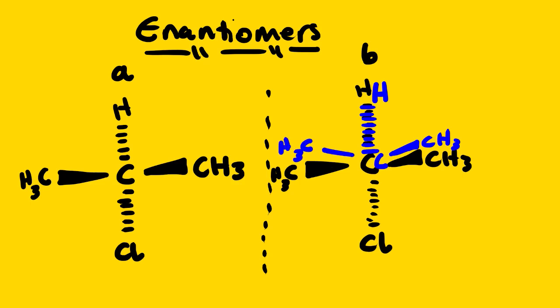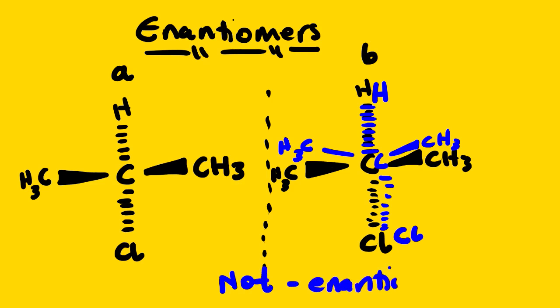So in other words, it can actually fit exactly on top of structure B. The moment the mirror image can fit on top of another one, we say this is superimposable. You should know that this cannot exist as enantiomers. Or we can say these are not enantiomers. That is the easiest way to identify enantiomers.